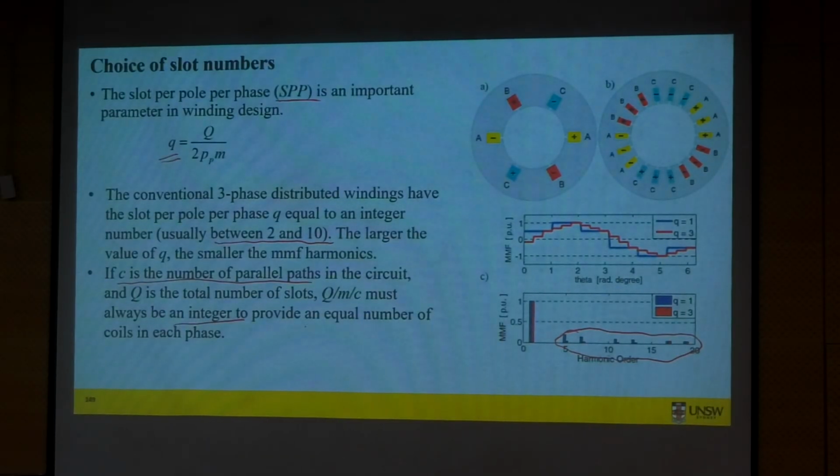That in fact determines how many coils you will have in each phase. So the coil number is also not random. It comes from how you are distributing it, and this must be a constant, otherwise you cannot distribute it uniformly.